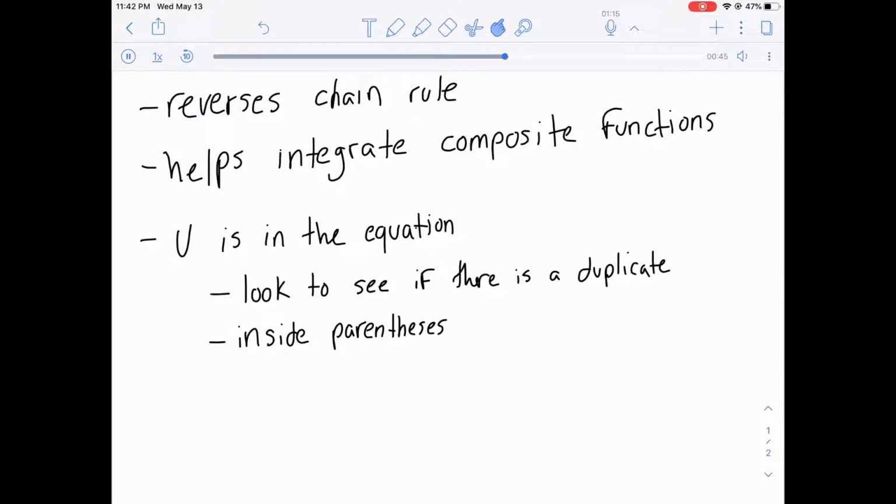Like if there is an x squared plus 2 on the top and on the bottom of a huge composite function, that will be your U variable, as well as look inside of parentheses. So if you have a problem that is 7 tan(2x), 2x will most likely be your U variable. So keep those two things in mind when looking for your U.